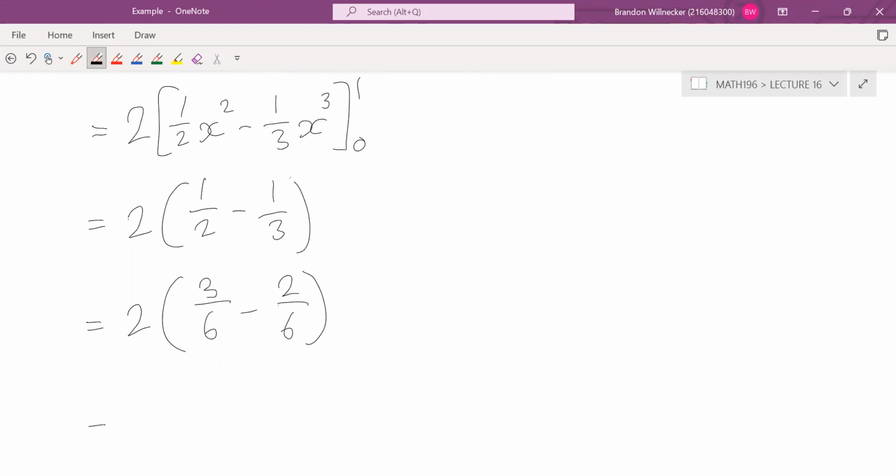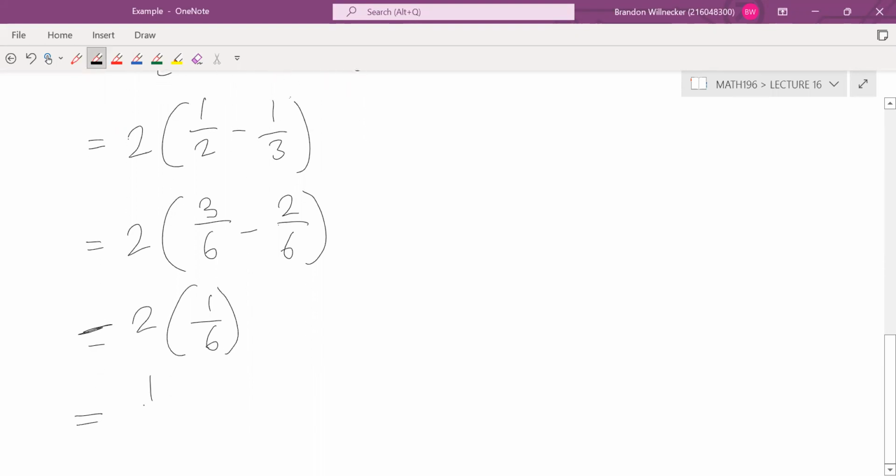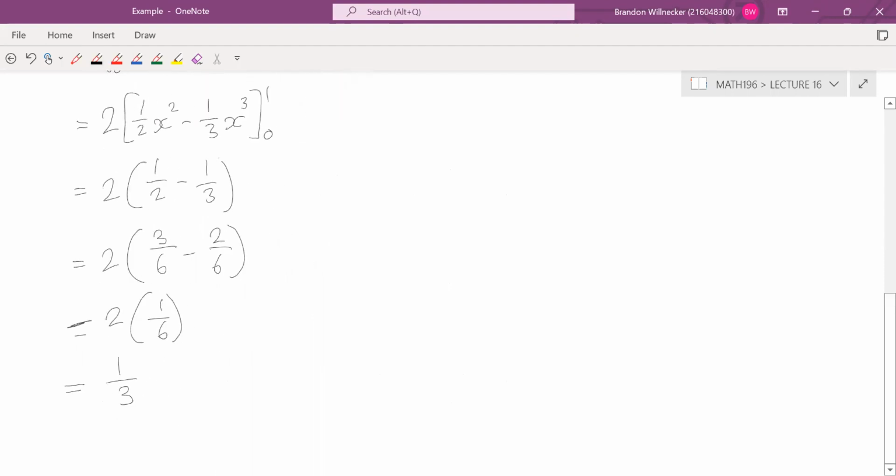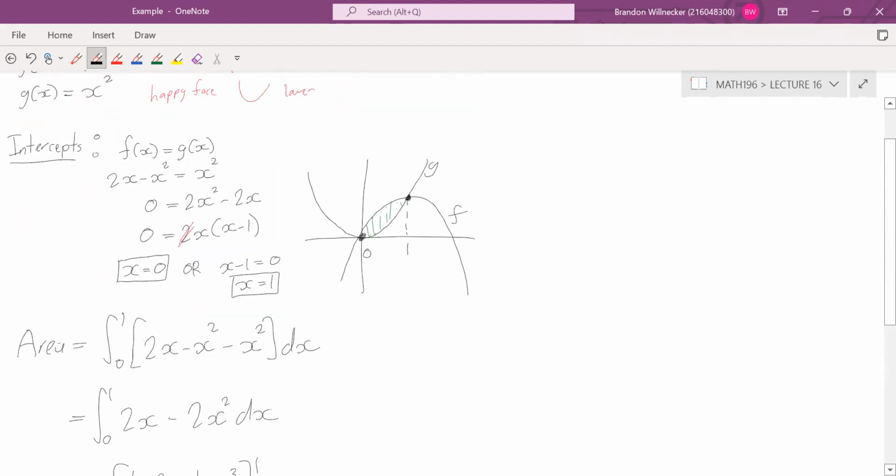In other words, 1/3. So then this gives us 2 times 1/6. This gives us 1/3. Okay, so this green region over here that's highlighted between the functions has an area of 1/3.